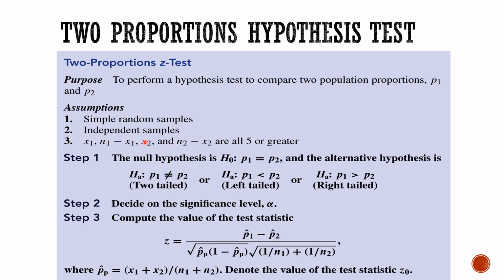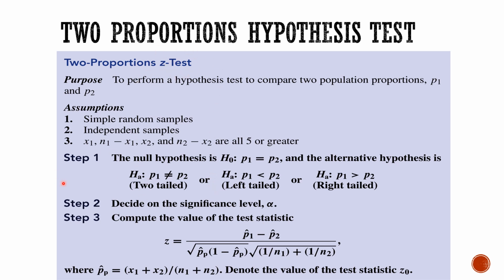And the third one is the one that is different from the normal assumptions: x sub 1, n1 minus x sub 1, x sub 2, and n2 minus x sub 2 should all be 5 or greater. So these three assumptions need to be fulfilled in order to go ahead with the hypothesis test using the Z procedure.